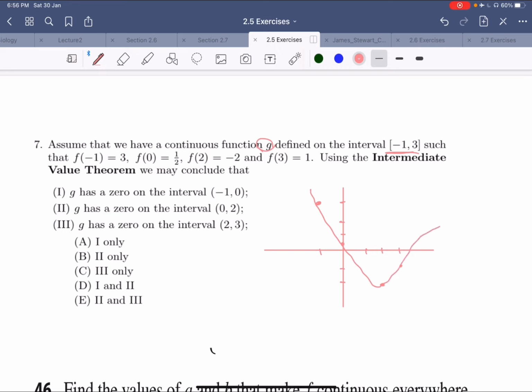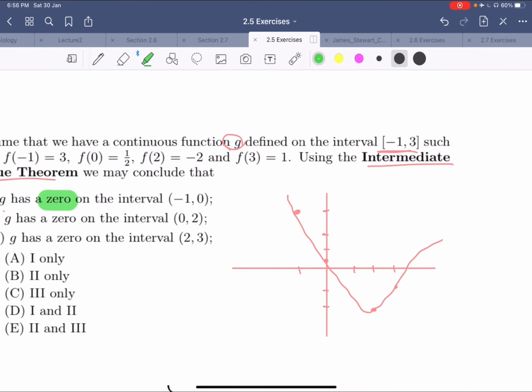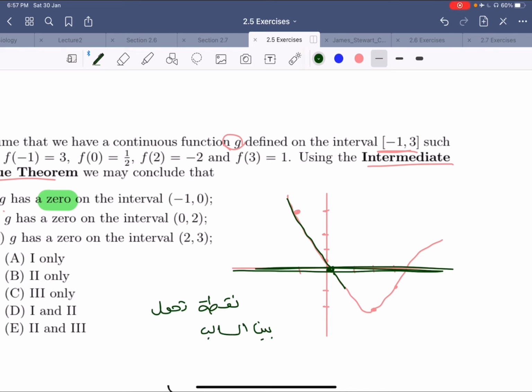Using the intermediate value theorem, we may conclude that g has a 0 on the interval -1 and 0. هلا الزيرو كلمة زيرو تمام اللي هي عبارة عن إنك تلاقي إنه يتقاطع مع المحور x، تمام. وين يتقاطع مع المحور x أو تختلف الإشارة، مثلا يكون هون positive يوصل عند مكان معين يصير negative. هي نقطة تحول بين السالب والموجب تكون على المحور y، يعني تكون القيم أو الصور الإيمجز تتغير بين negative and positive.